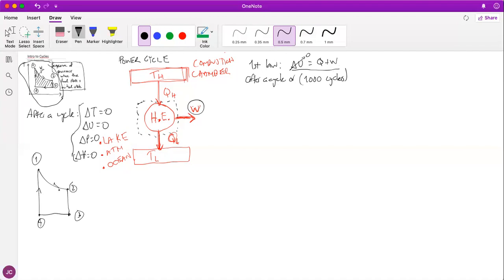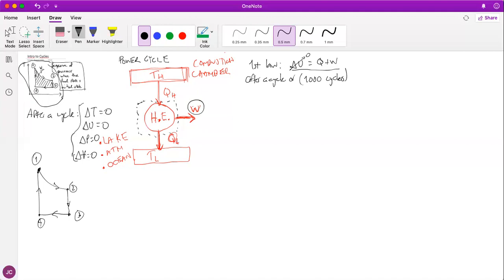So after a cycle, you are at the same state. If you are at the same state, you cannot say that there's a difference of anything, okay? You don't have a temperature difference, you don't have an internal energy difference, you don't have a pressure difference. You are right here at the same spot. It's like cheating. Well, no, it's actually doing the first law after a cycle has happened.